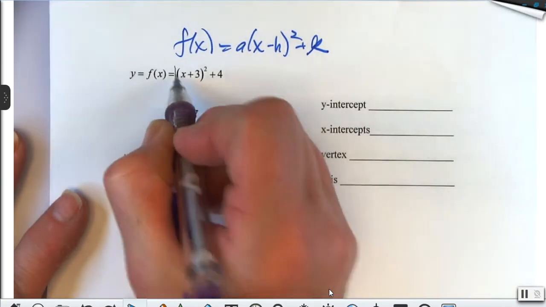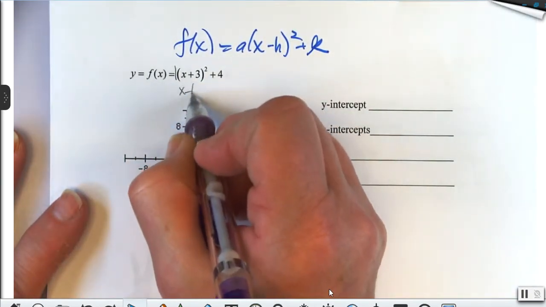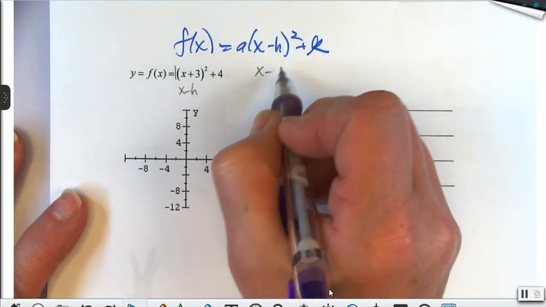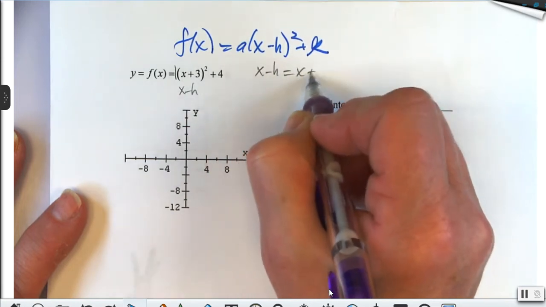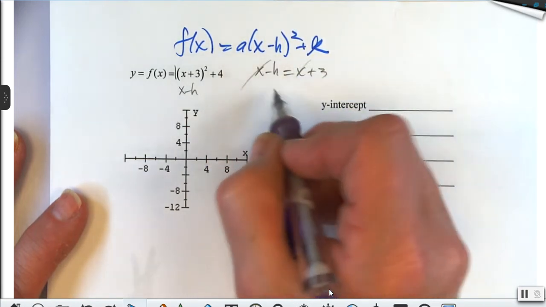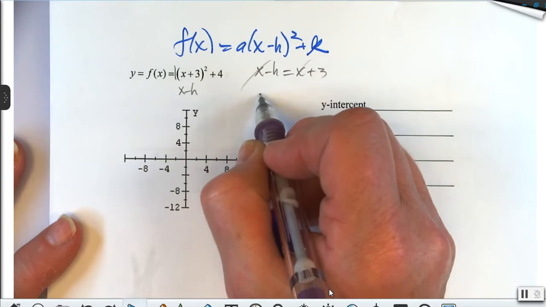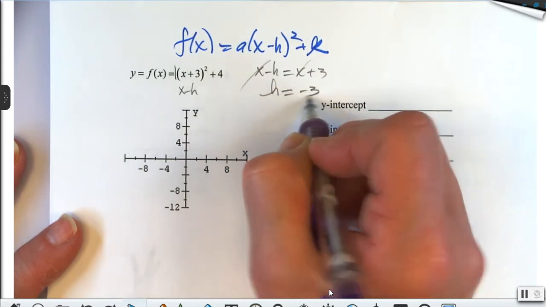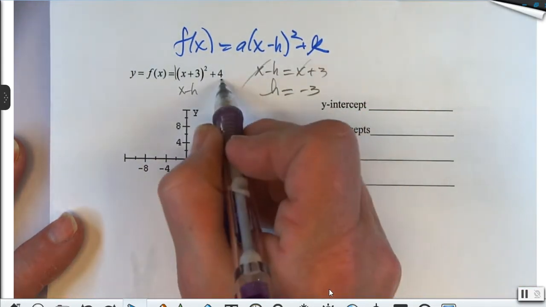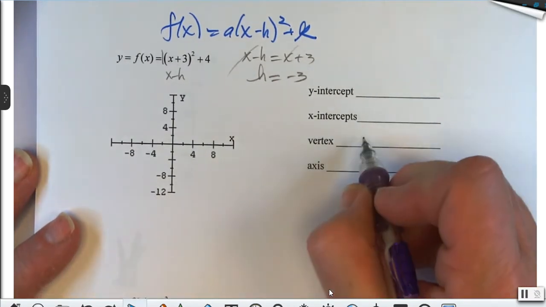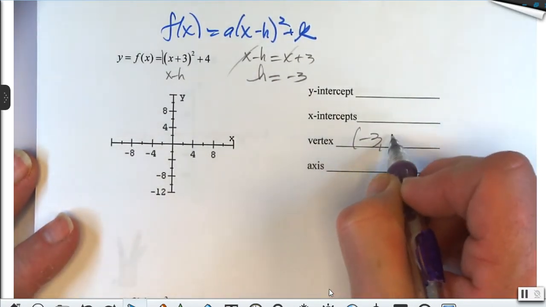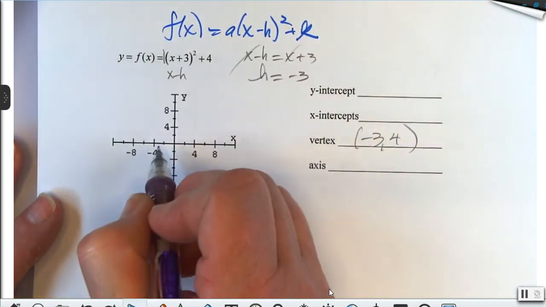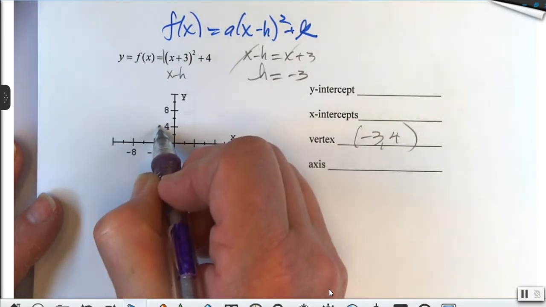So it looks like a is equal to 1. This is x minus h. So if we can't tell just by looking at it, the h's cancel out, the x's cancel out, and if I was to solve for h, I'd get a negative 3. This is k over here, so my vertex is at negative 3, comma 4. So negative 3, comma 4.